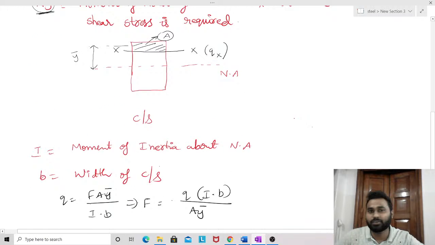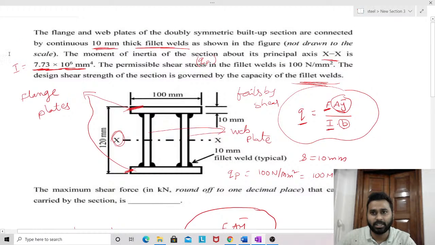In the question it was mentioned that the design shear strength of the section is governed by capacity of the fillet weld. Hence here we have to take the cross section of the fillet weld at which failure will occur. And one more thing, the fillet weld always fails by shear, and the cross section of fillet weld which fails in shear is nothing but the throat thickness, throat TT, into length of the weld.